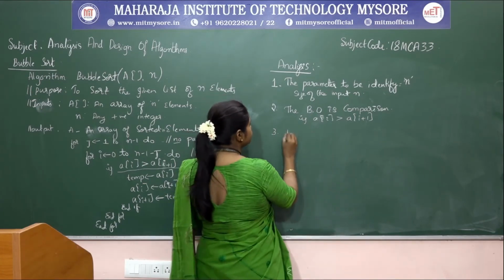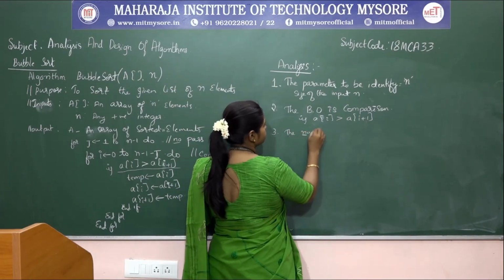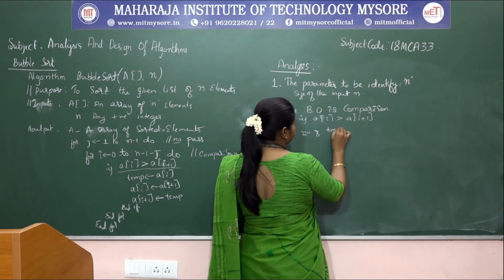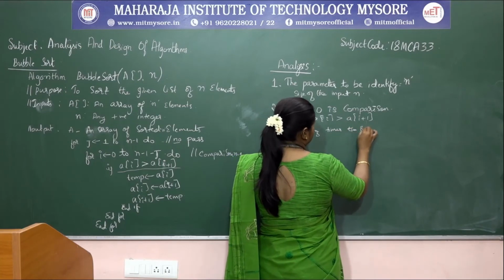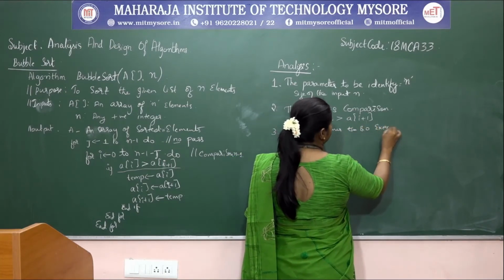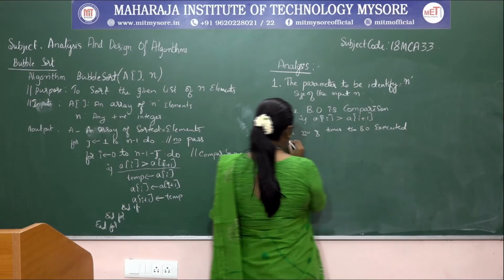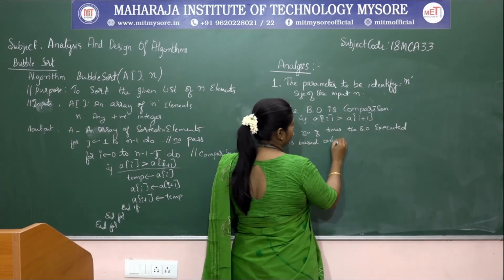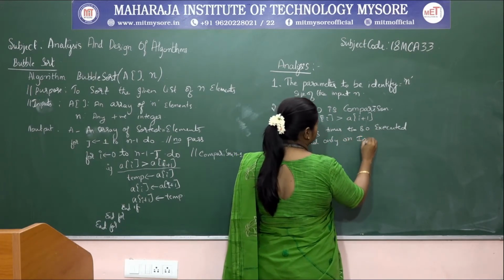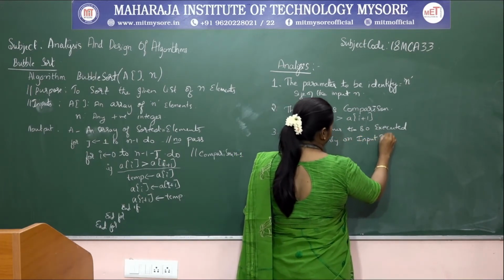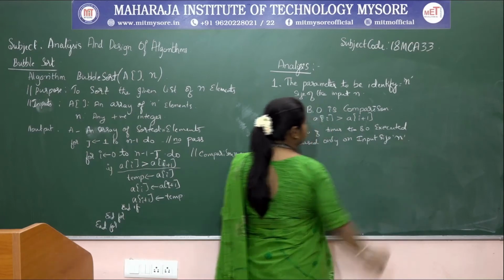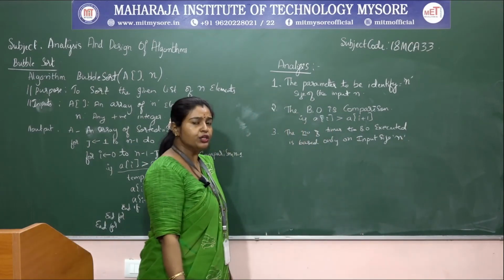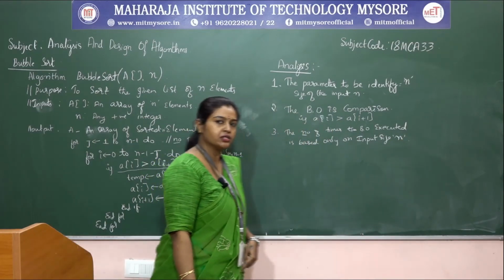Because of that, the number of times the basic operation is executed is based only on input size n. Therefore, there is no best case and average case.